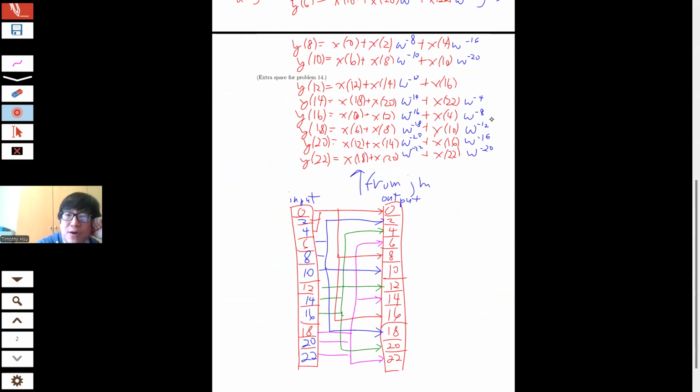To pick a random example, y of 16 is x of 0 plus x of 2 times some stuff plus x of 4 times some stuff, and lo and behold, yes, 16 does come from these guys over here, 0, 2, and 4. And that's all this diagram is. It's just showing which inputs contribute to which outputs. So questions on the diagram?